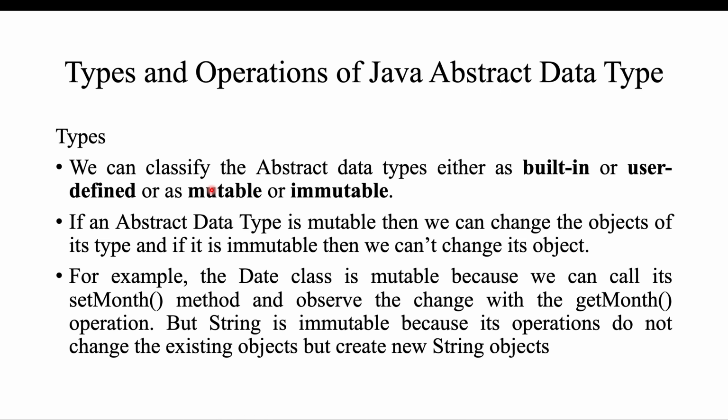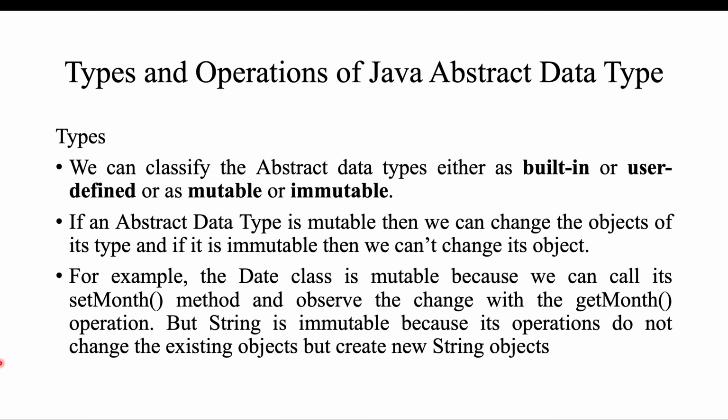Now taking mutable or immutable into consideration, we will have to understand the date class, which is mentioned here. So the date class is mutable because we can set the month in the set month method and observe the change with the get month. That means when we are reading that particular month value or month name, it can go on changing.